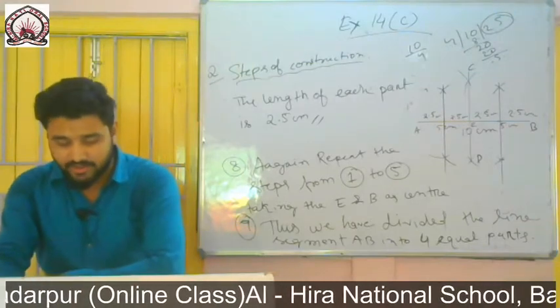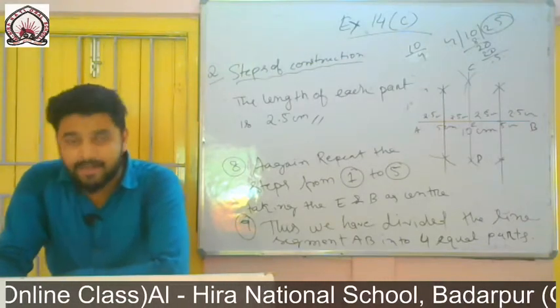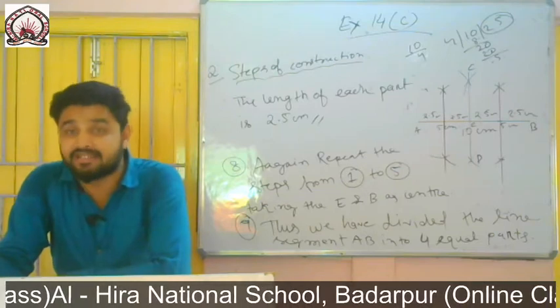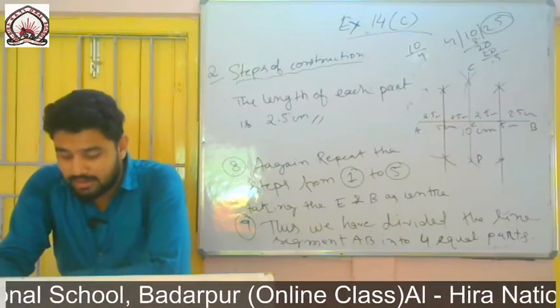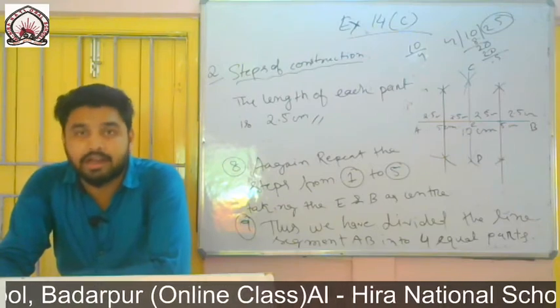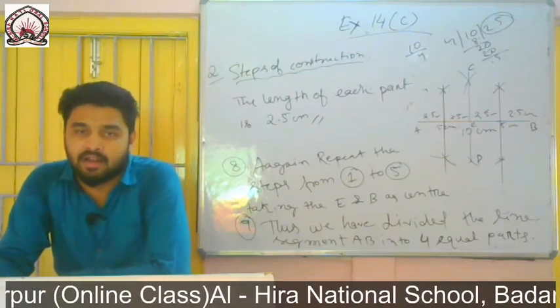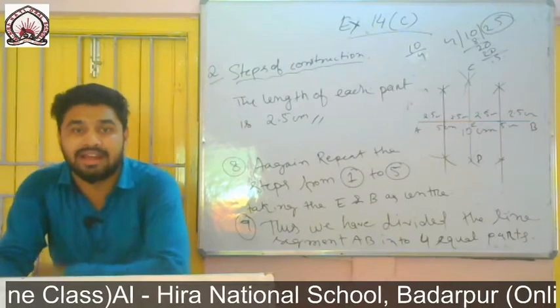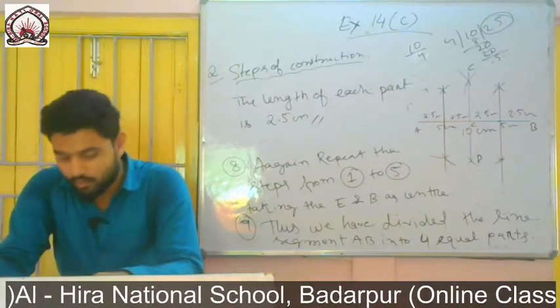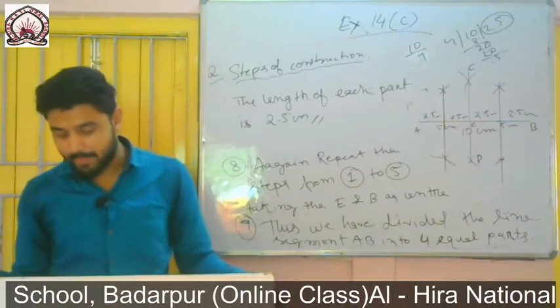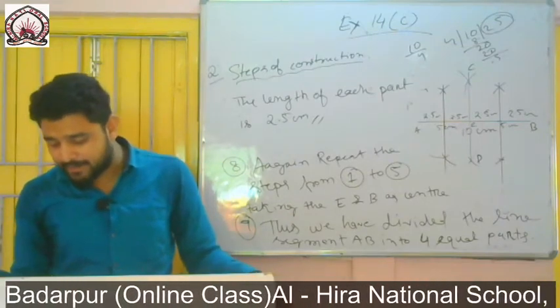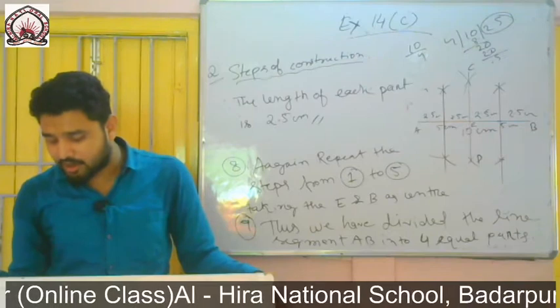Now come to question number 3. Draw the perpendicular bisector of a line segment XY whose length is 11.2. That means now we have to construct a perpendicular bisector for a segment of length 11.2. And take any point P on the right bisector drawn.